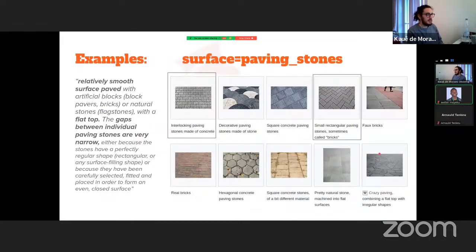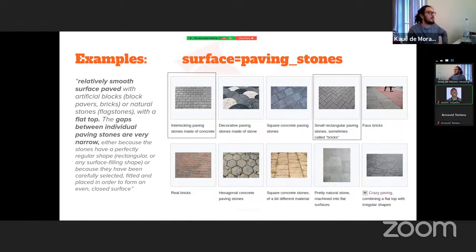Then we have paving stones, and there are lots of types of paving stones. The basic thing about paving stones is that they are relatively, or sometimes very, smooth paved surfaces with generally a flat top, okay? Generally the gaps are very narrow, and generally it doesn't have any kind of filling, because they are attached by friction, and it's friction that keeps them attached.